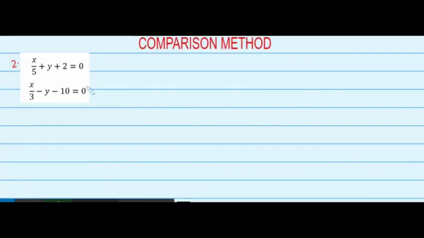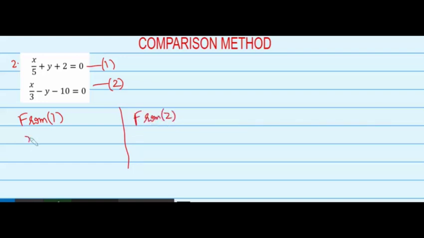Okay, we solve another question. This is equation 1 and this is 2, right? First of all, this time I'm going to compare the y's. So from 1, and here from 2, right?